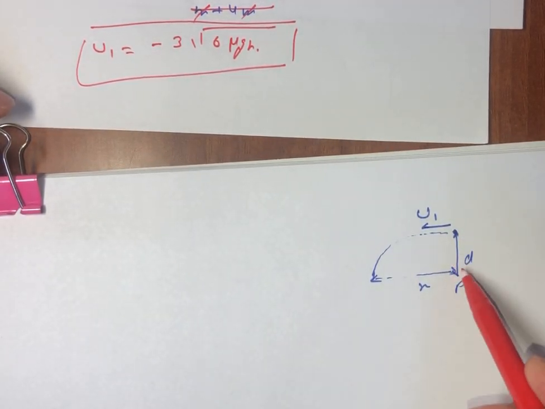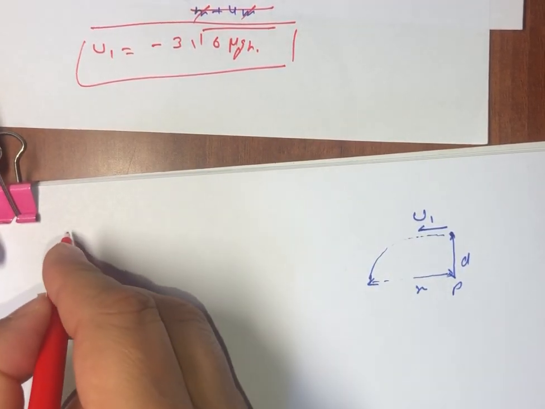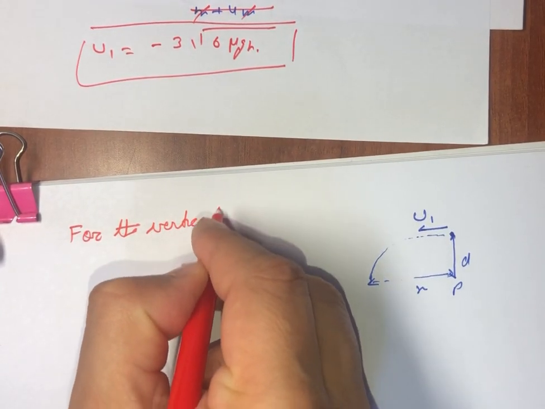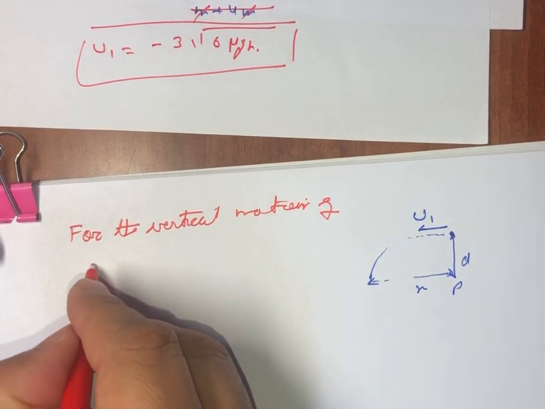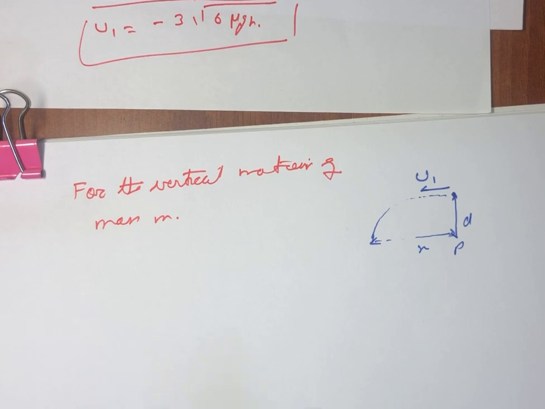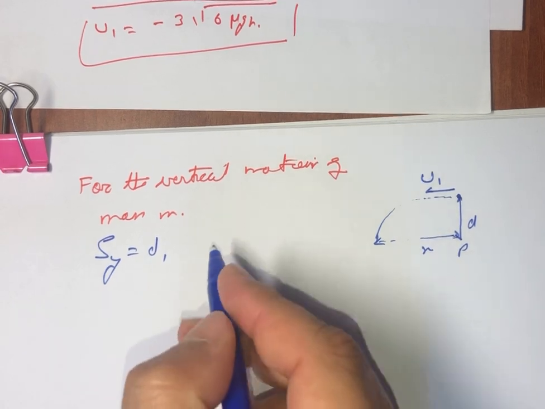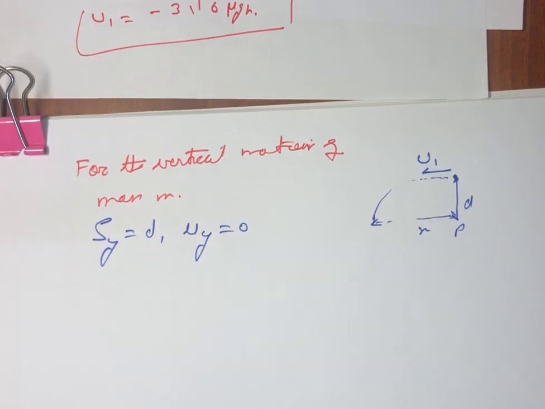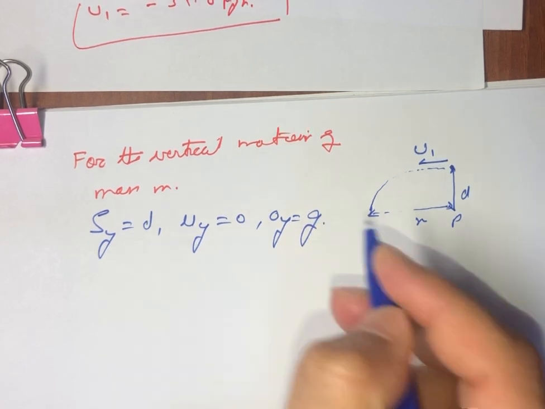Therefore, the vertical distance traveled by the mass m is d. So for the vertical motion of mass m, we have vertical distance sy given as d, uy is 0, and ay is equal to g.